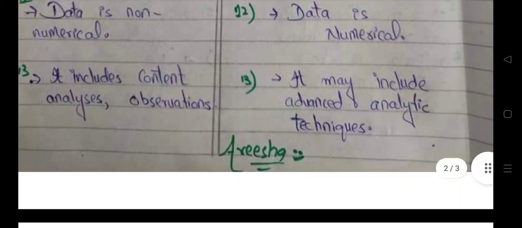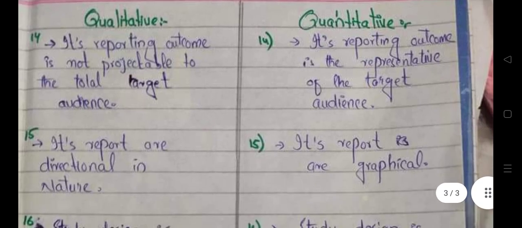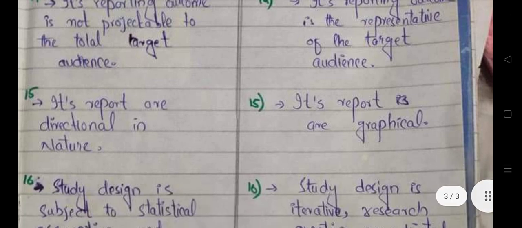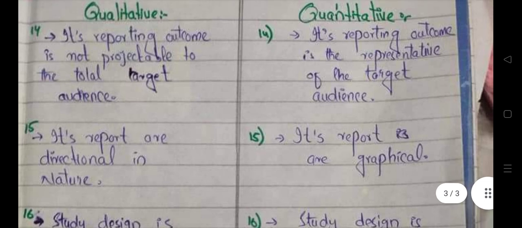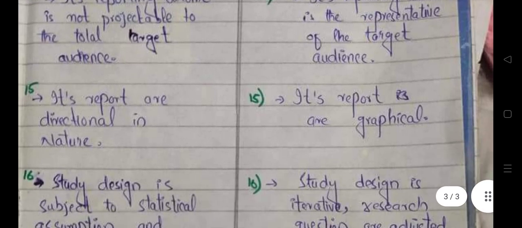And further differences include, in qualitative, its reporting outcome is not projectable to the total target audience, whereas in quantitative, its reporting outcome is representative of the target audience. And the reports are directional in qualitative, whereas the report is graphical in quantitative.